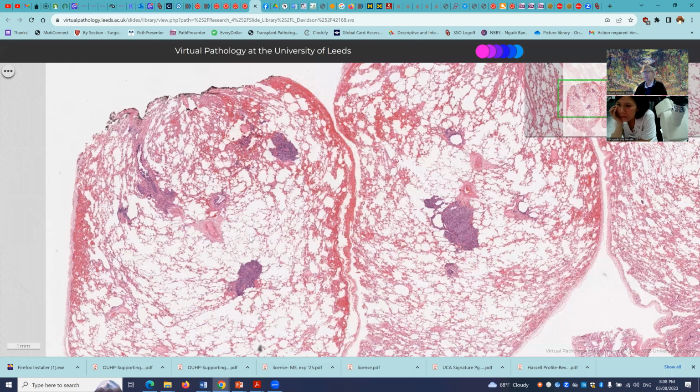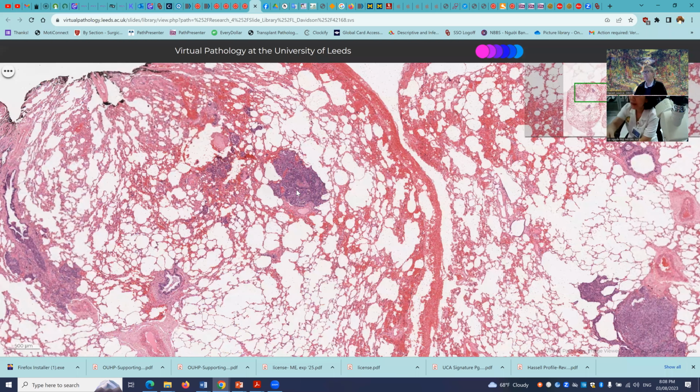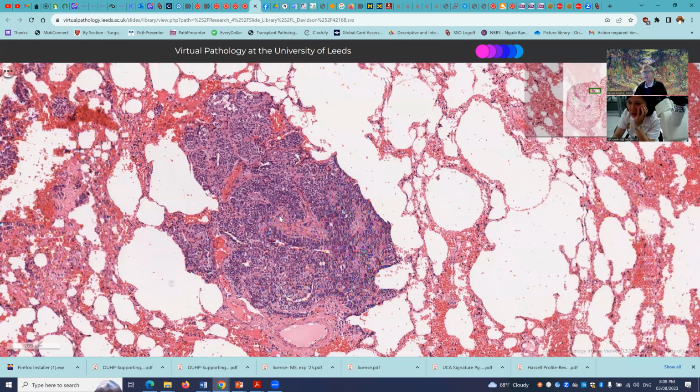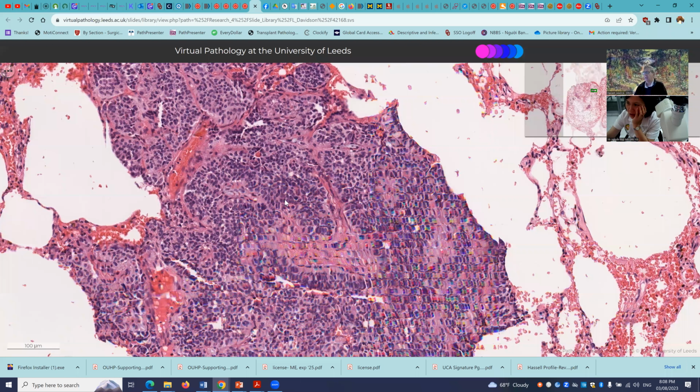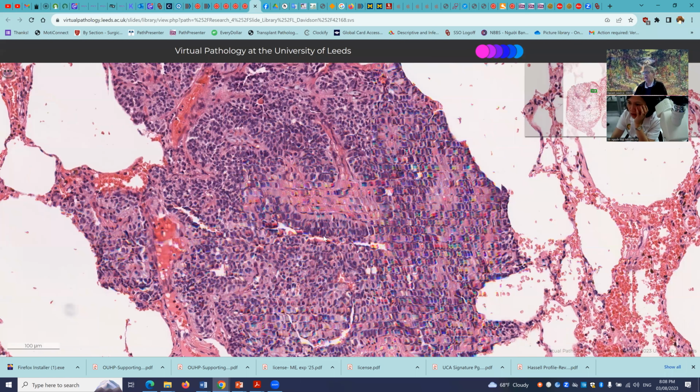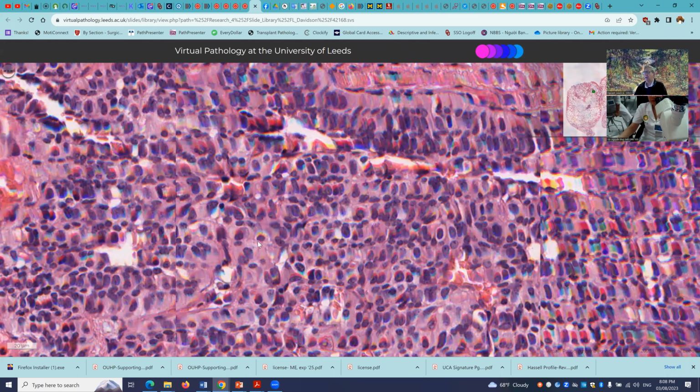And this is just one of these lesions. We might call it a tumorlet, or even be thinking about other possibilities. There's a little distortion in their scans, but you can see that there are very round, quite uniform nuclei, a moderate amount of cytoplasm, and so forth.